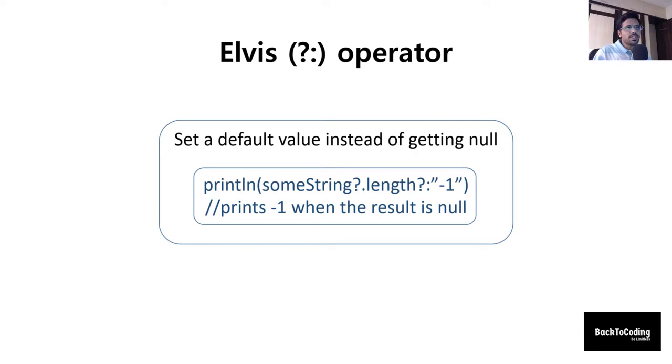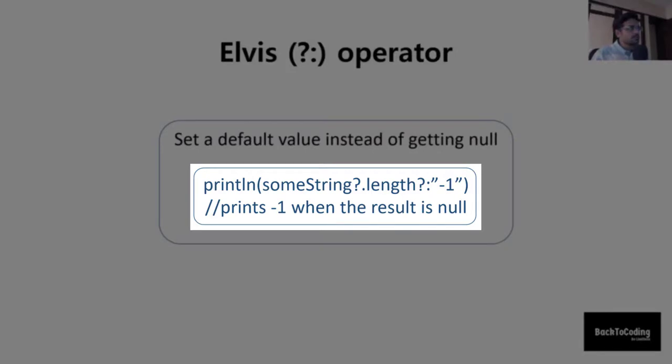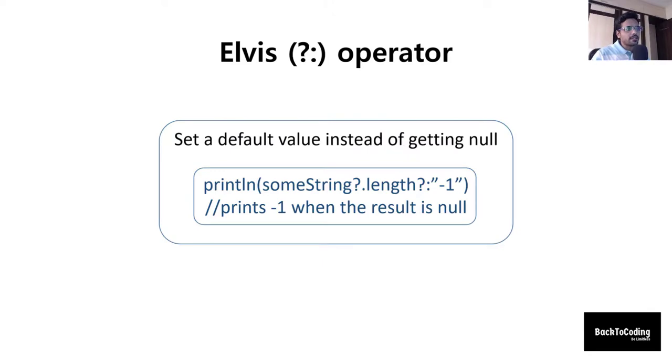The Elvis operator can be used to set a default value instead of getting null as the result. This is how it is used. Let's see it practically.